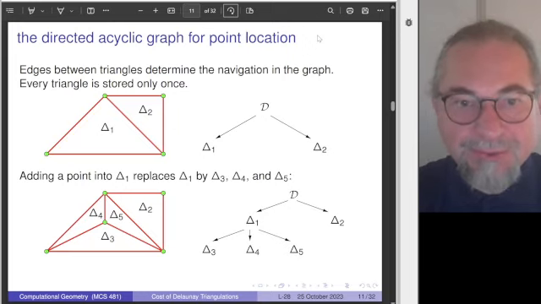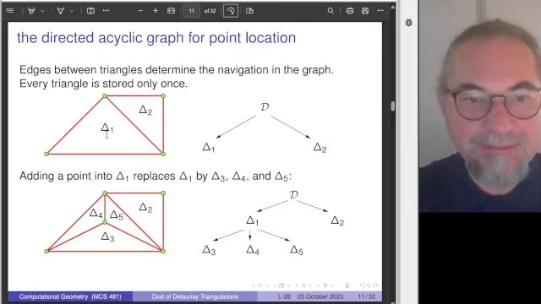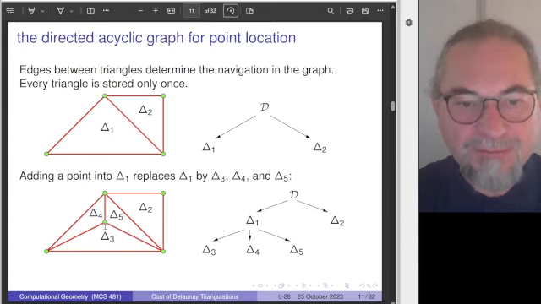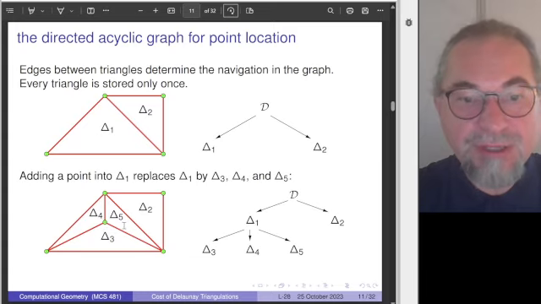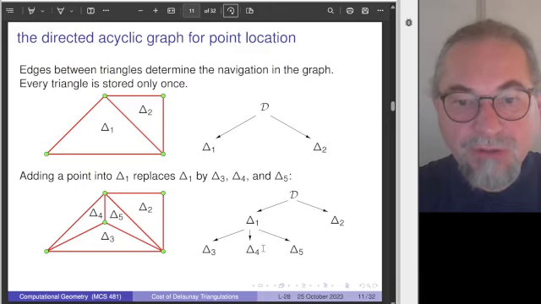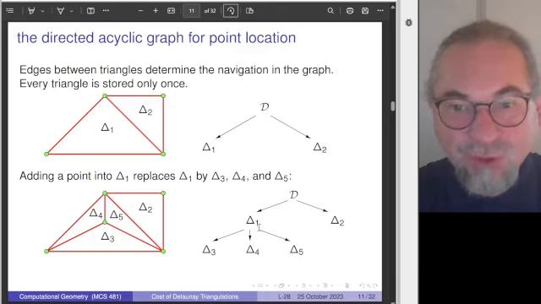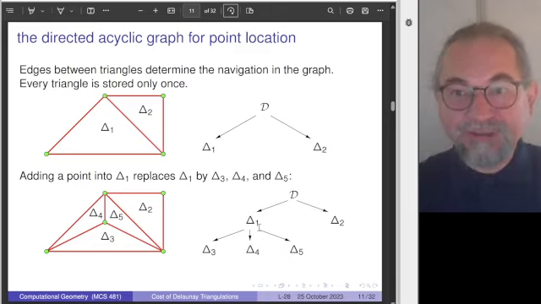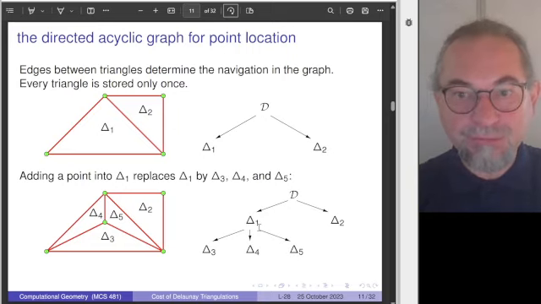The point is what happens when you add a point. If the next point is this point here in the middle of the first triangle, then we replace the first triangle by three new triangles. The inner nodes in this directed acyclic graph actually store the triangles that are no longer there, the ghost triangles, but they are used in the point location.